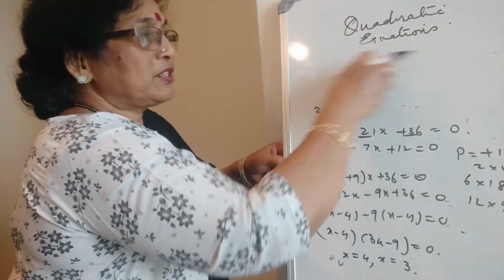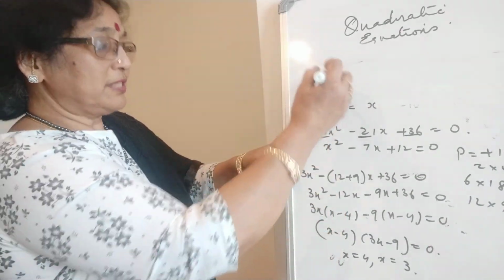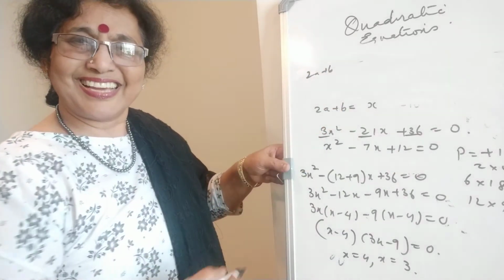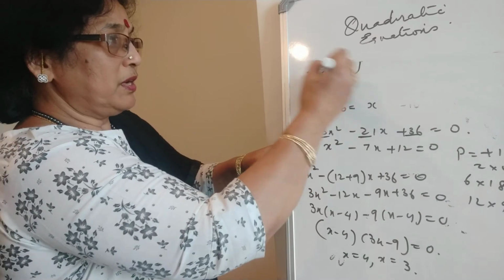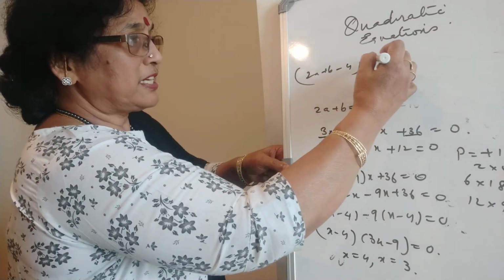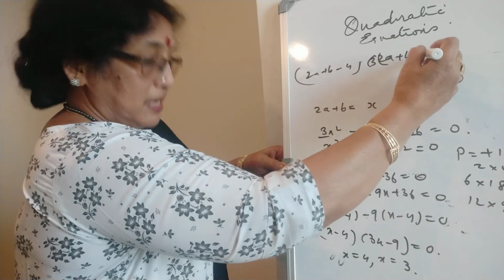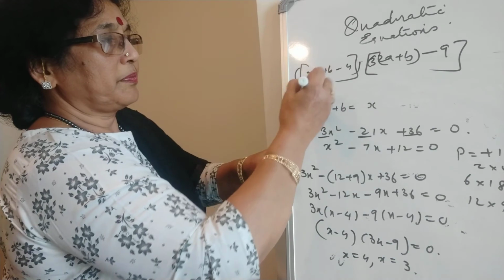So now the question is, what was my x? The factors are 2a plus b minus 4, and the other factor is 3 times 2a plus b minus 9. I'll use square brackets here.